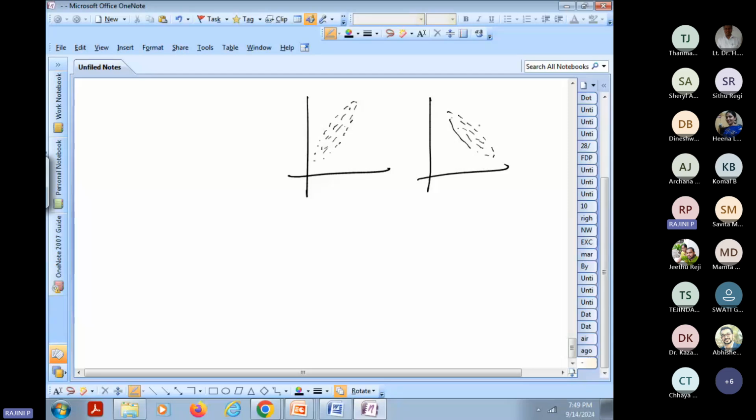Then in that case, to find the correlation, we go for linear correlation. And suppose when you plotted the values on the graph and the graph is showing like this, it is not increasing or decreasing. You have data in a curve shape. Then in that case, we go for non-linear correlation. Okay, this is one way to find.